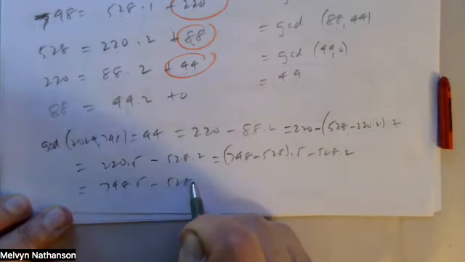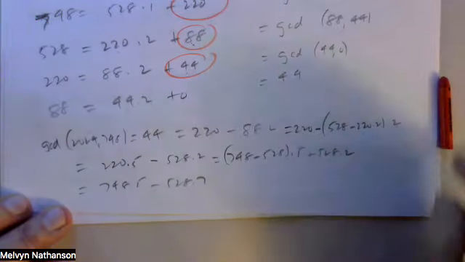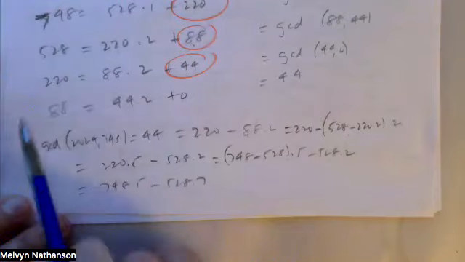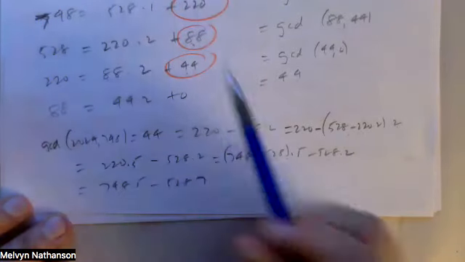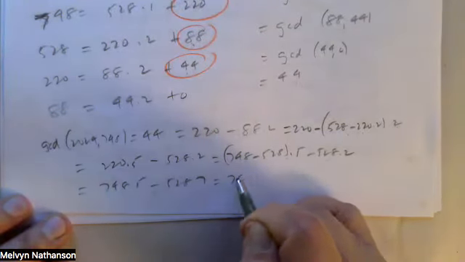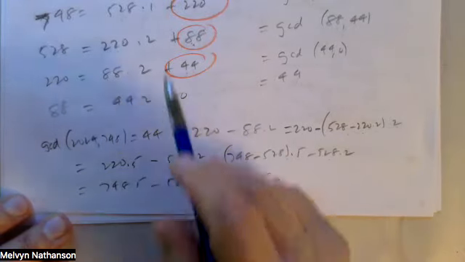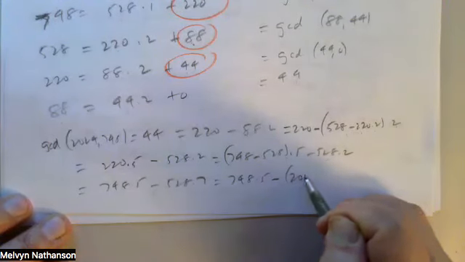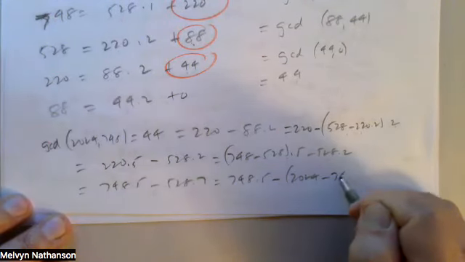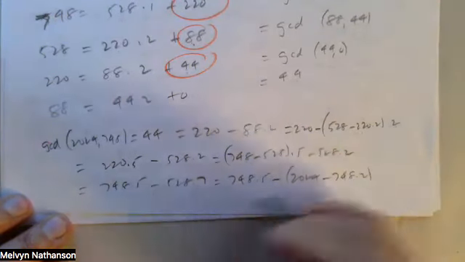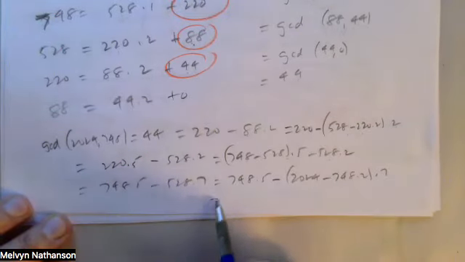That's minus 528 times 7. But 528 is 2024 minus 748 times 2. So this is 748 times 5 minus 2024 minus 748 times 2, times 7.